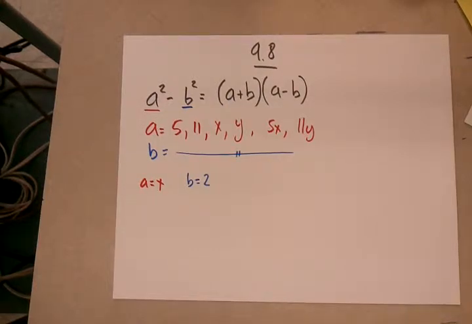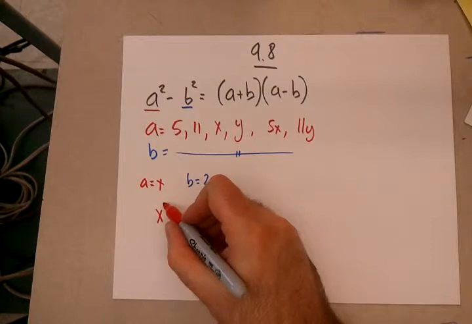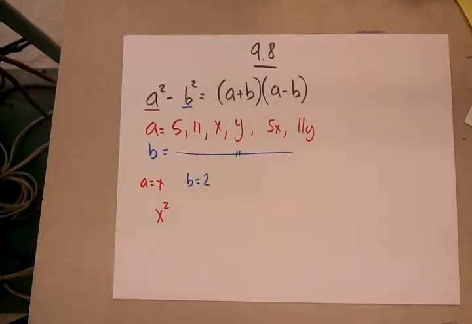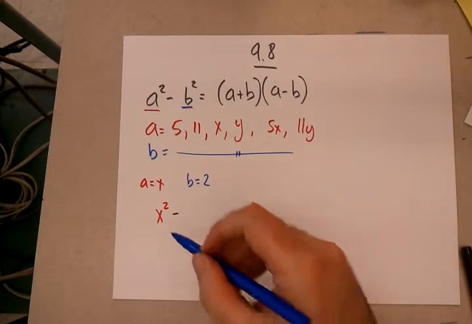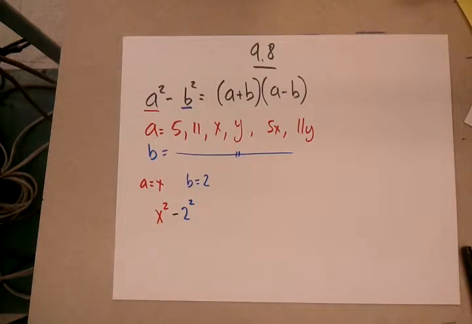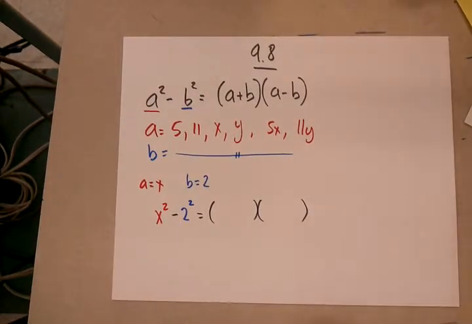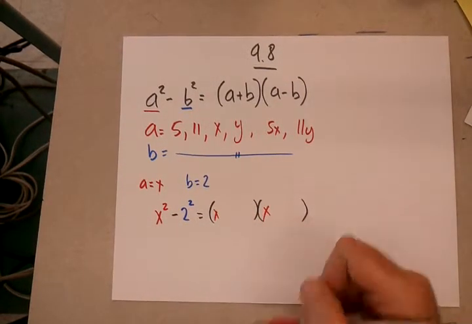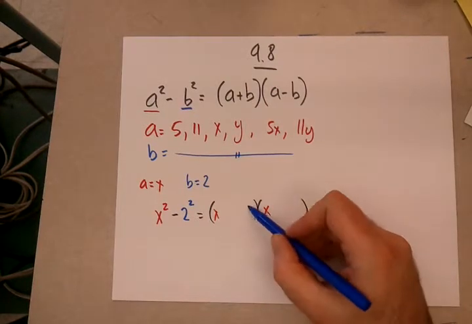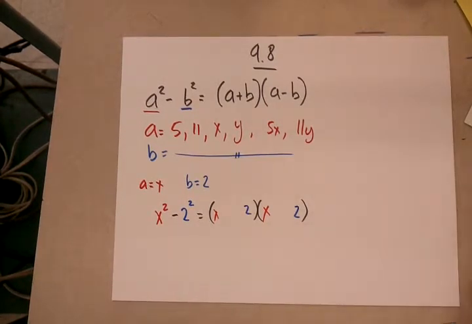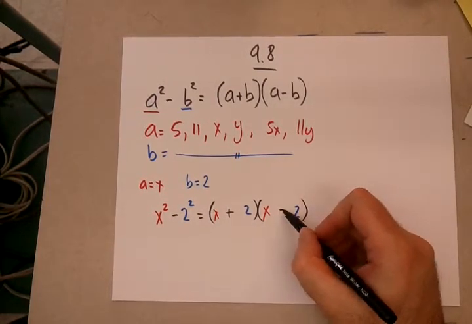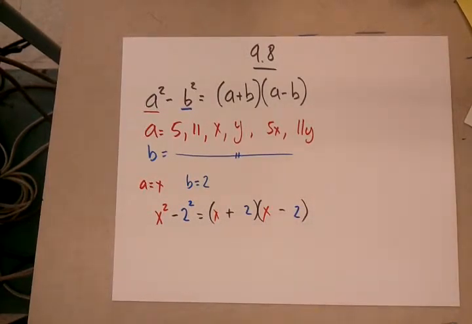If you see a problem like this, where it's an X squared minus a 2 squared, you can always write it down as such. 2 parentheses, X here, X here, 2 here, 2 here, and the signs have to be plus minus. One has to be plus, one has to be minus. Doesn't matter which one's the plus, which one's the minus. So it's a pretty easy shortcut. You don't have to do any factoring.